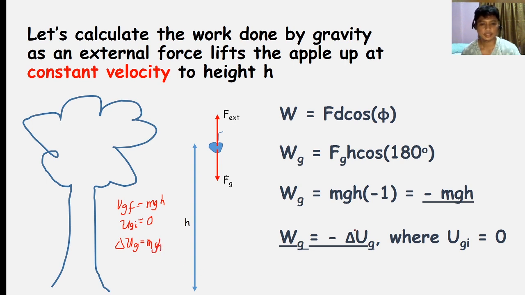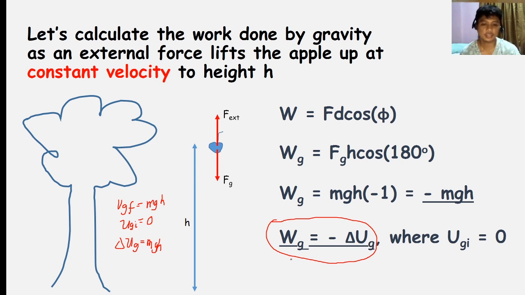Therefore, since Wg, the work done by gravity, is negative mgh, and since mgh is equal to delta UG, we arrive at this interesting result that gravity causes a negative change in this property called UG.